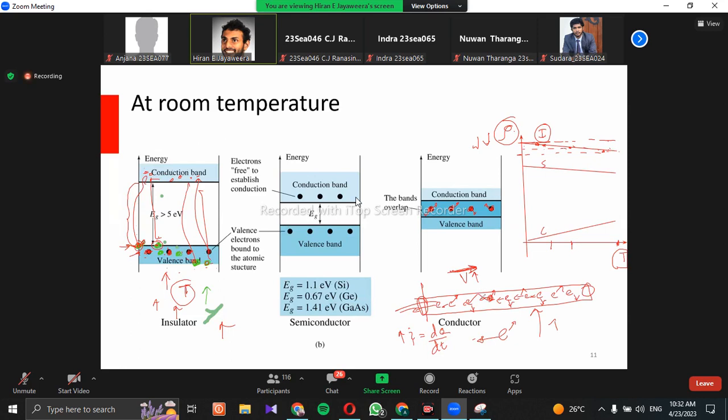Now, for example, in the case of a semiconductor or insulator, it's like you have an expressway with only a few vehicles. Right? So vehicles are like electrons. The number of vehicles passing through the gate is called the current.